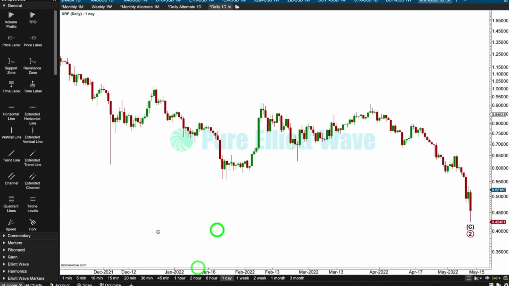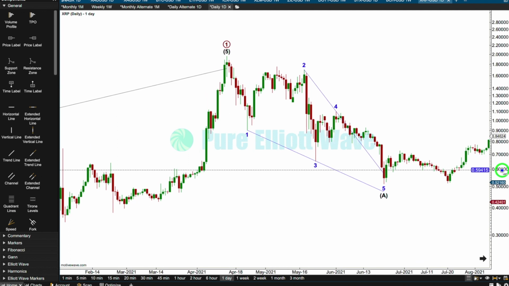So intermediate A meets the rules regarding a leading contracting diagonal. 3 is shorter than 1, 5 is shorter than 3, 4 overlaps 1, doesn't move beyond the end of 2. Put 2 here. Oh no, you'd have it. No, that's all kinds of wrong.